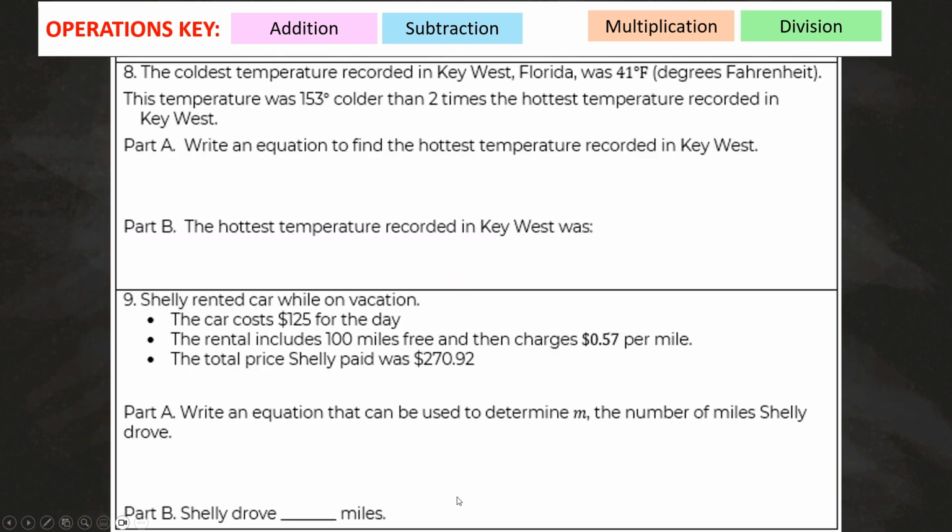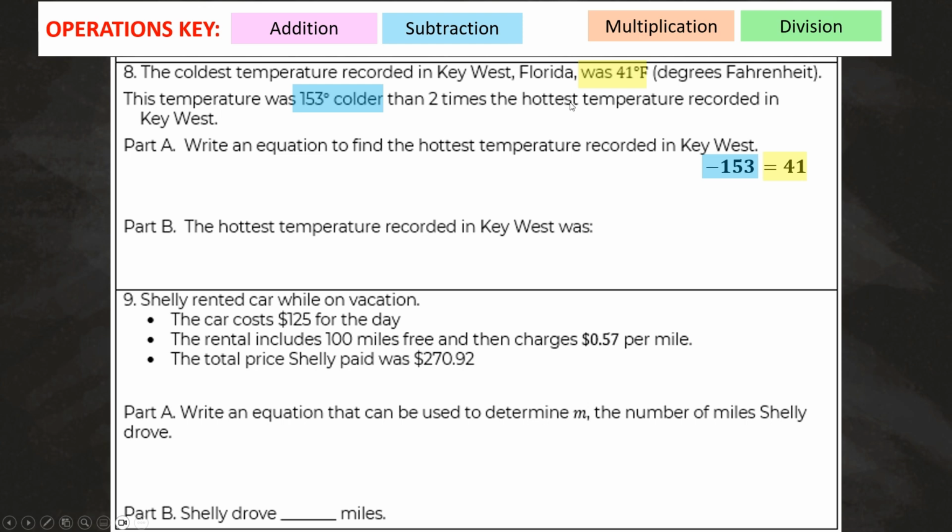Question 8 and 9. All right, the coldest temperature recorded in Key West, Florida was 41 degrees Fahrenheit. So anytime I see was, that's going to be my clue to equal. The temperature was 153 degrees colder. Well, that's going to be on the other side of the equal sign. So 153 degrees colder, minus 153.